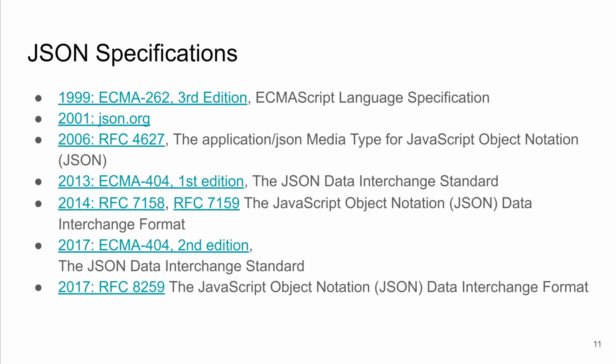So this means, in fact, that UTF-8 encoding is mandatory for JSON. Again, there was an RFC in 2017, and both the ECMA standard and the latest RFC do specify the same language.